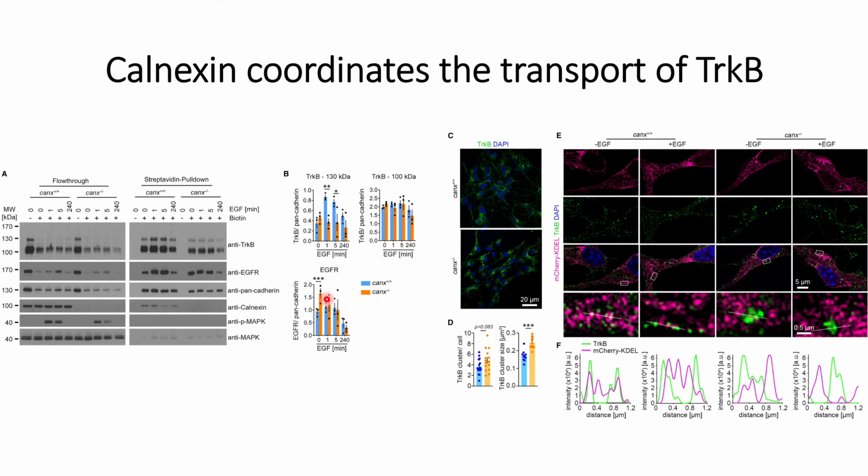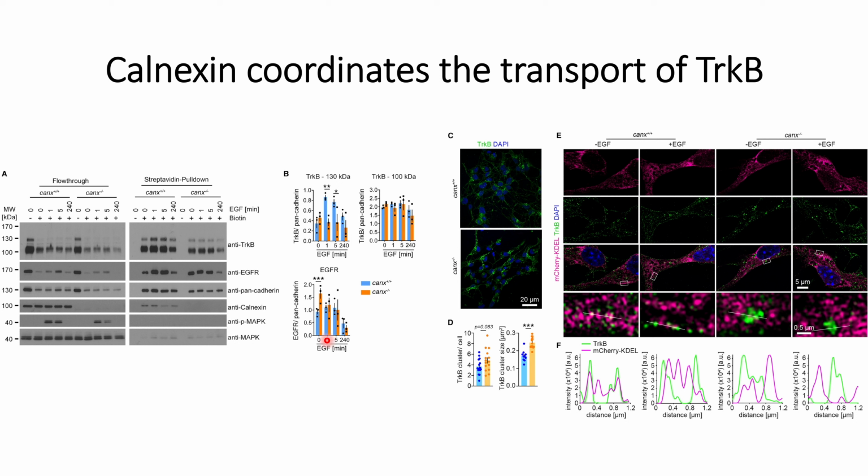Oh, the one thing that I need to correct before going to panel C is that the EGFR receptors are expressed more when the calnexins are knocked out, not when the calnexins are present. So when calnexin is knocked out, these EGF receptors are present more. When they interact with EGF, it activates and tries to transport TrkB to the cell surface.